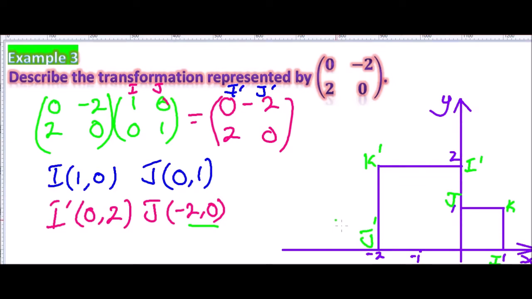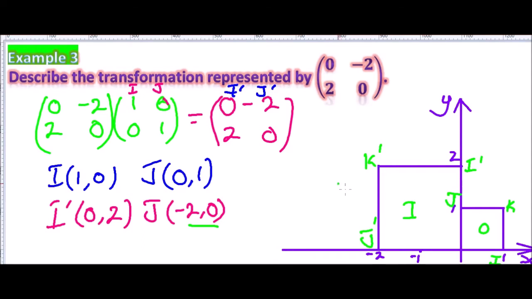If you observe this, since this is our object and this is our image, what has happened to the unit square? It has been enlarged. First of all, if you reflect the unit square through the line y-axis, you get the first figure. Then you enlarge it, enlargement scale factor 2, and you will be able to get this image.